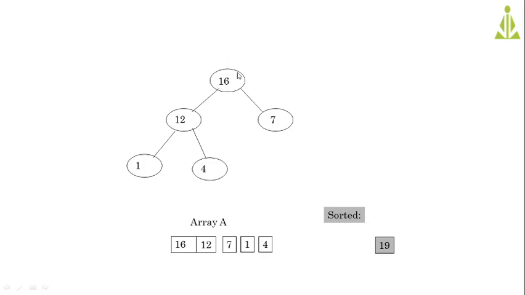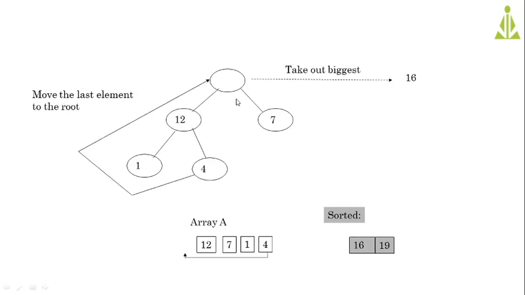The root node is now the highest element in the given array, so we take it out. 16 is out and placed in the sorted part. The last element should be sent to the root.